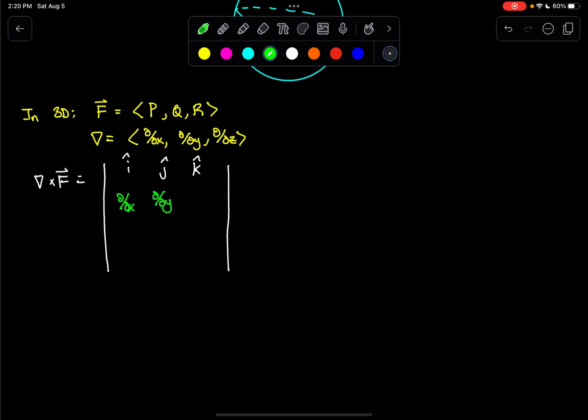So d/dx, d/dy, d/dz, and then we do our P component, our Q component, and our R component. What is it that we're going to get? What does the curl give us?